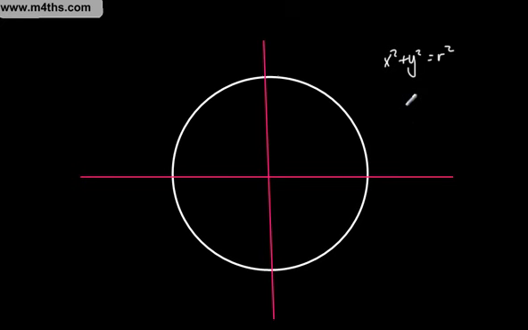So if we had x squared plus y squared equals 9, then we've got an equation of a circle. This point would be 3, 0. This point right here would be 0, 3. This point would be -3, 0, and this point would be 0, -3. That is the equation of a circle, centre 0, 0.